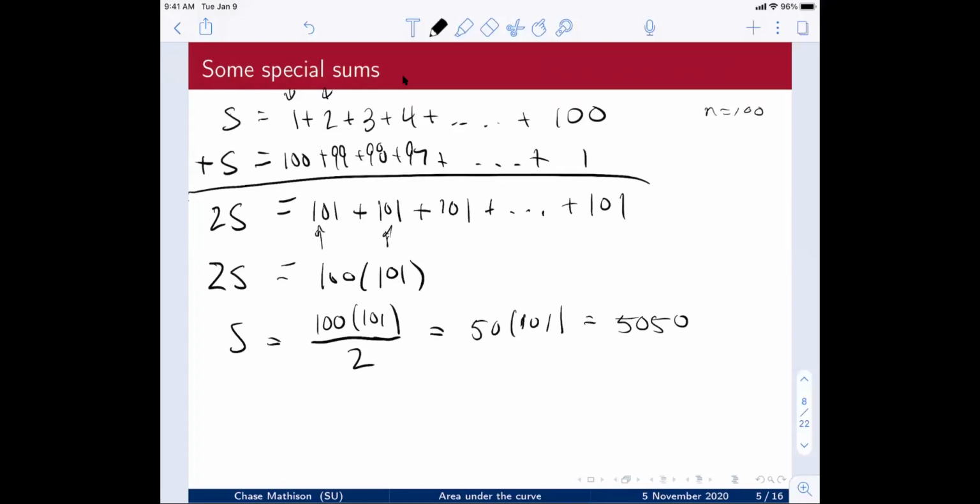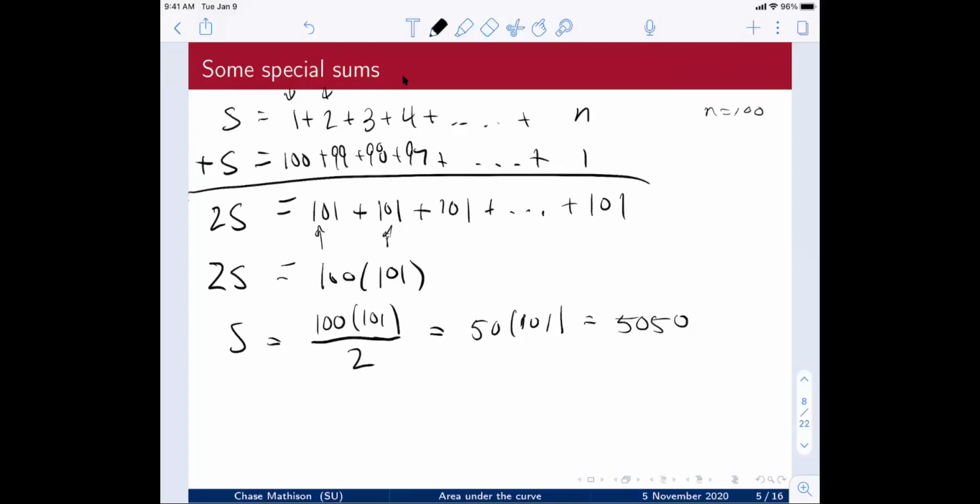And he got it in a couple of seconds. Gauss was a very smart person, way smarter than me. If we want to do this for a general n, nothing really changes. I just come up here and change this 100. Now I'm going up to n.